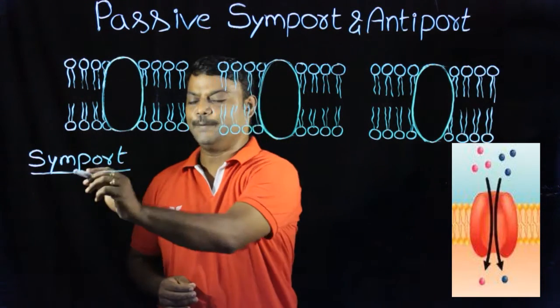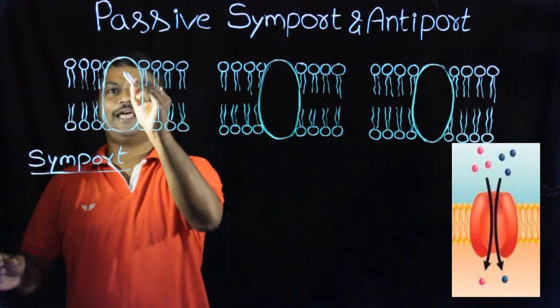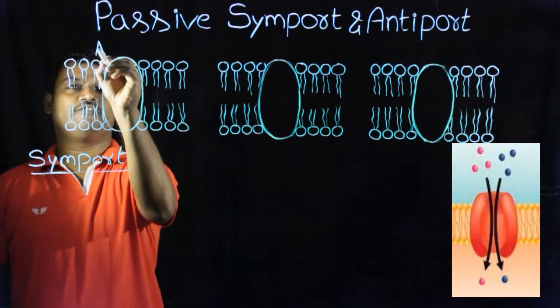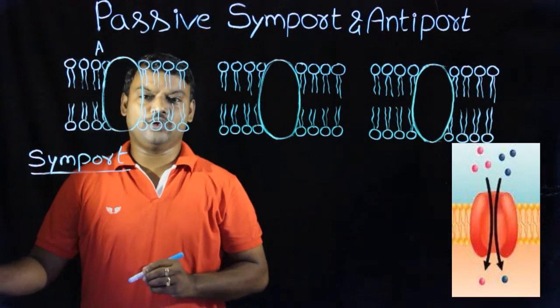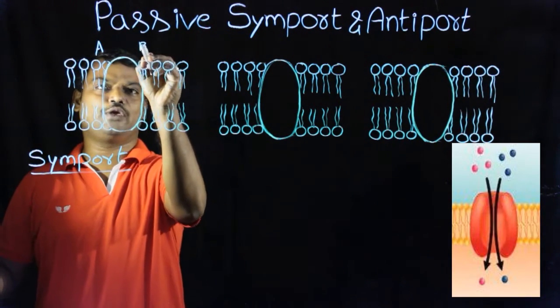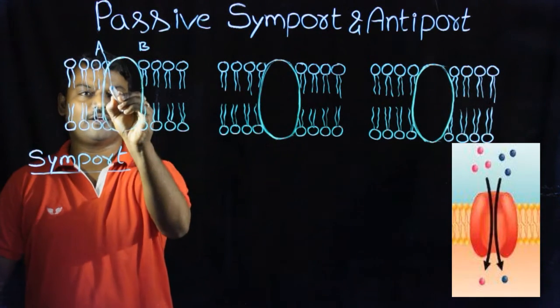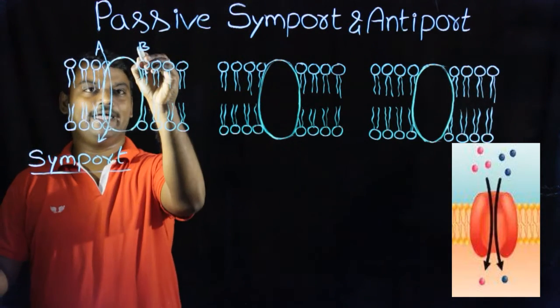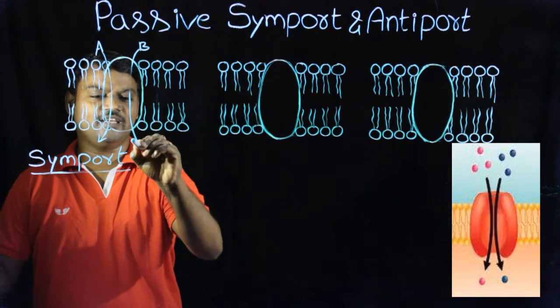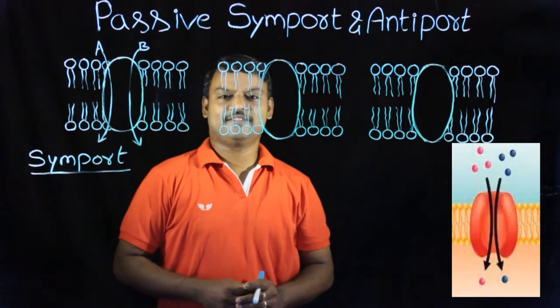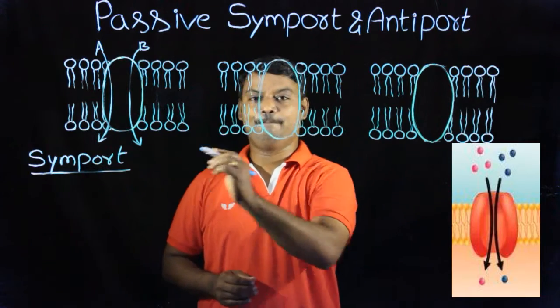In this type of transportation, the first type of molecule is A and the second type of molecule is B. These two types of molecules are transported by membrane proteins in one direction. Such transportation is called Symport.